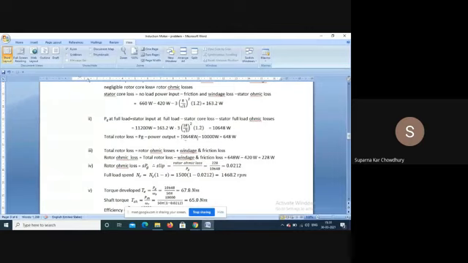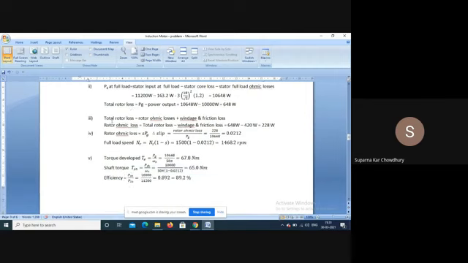So total rotor loss will be air gap power minus the power output. This is the air gap power. Power output is the rated power of the motor. For a motor, what is given is the power output, the rating. So this is 10 kilowatt. So the difference between these two is the total rotor loss. Now the total rotor loss includes the rotor ohmic losses plus windage and bearing friction losses, as we have neglected the rotor core loss.